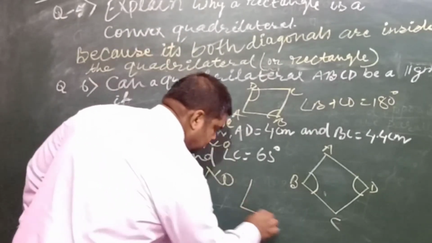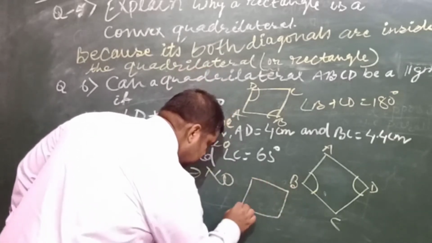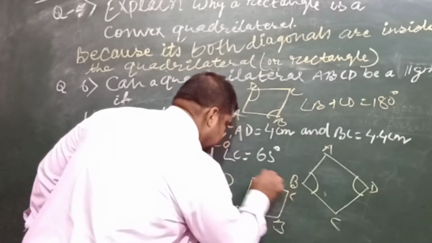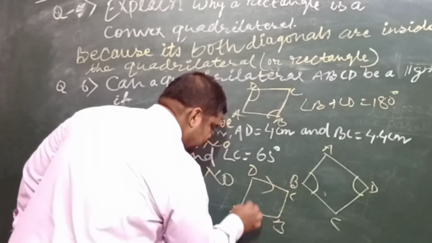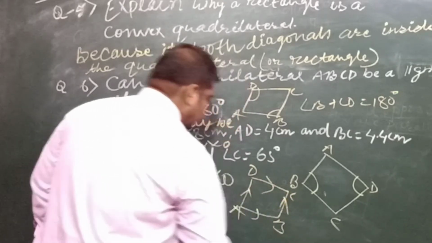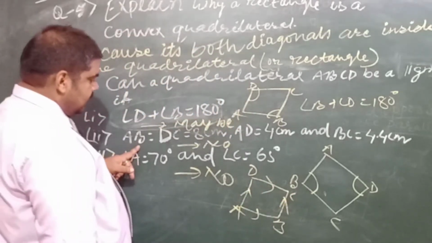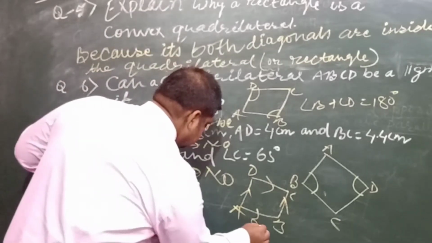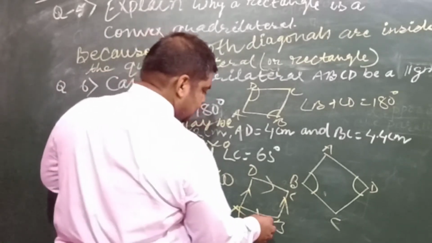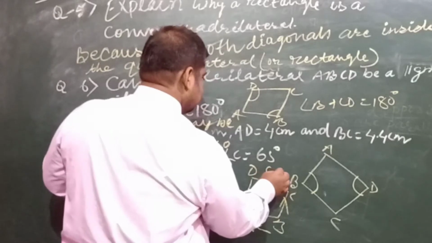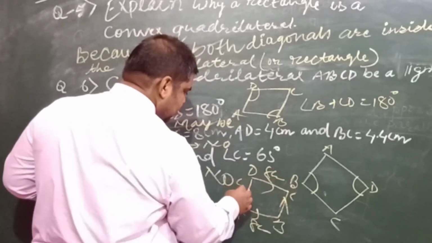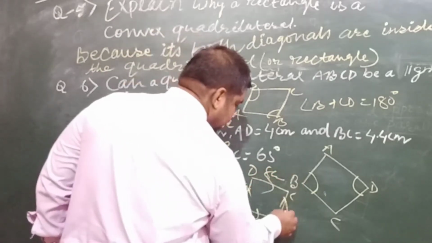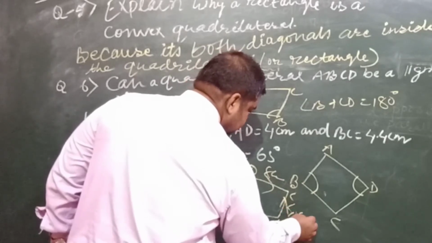I have just drawn another figure. What is given in the condition? AB is equal to 8 centimeters, DC has been given 8 centimeters, AD has been given 4 centimeters, and BC has been given 4.4 centimeters.